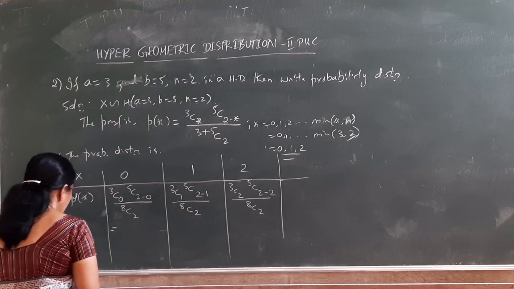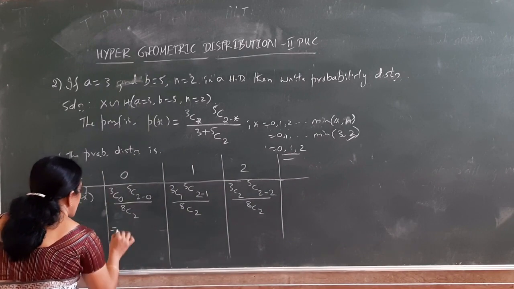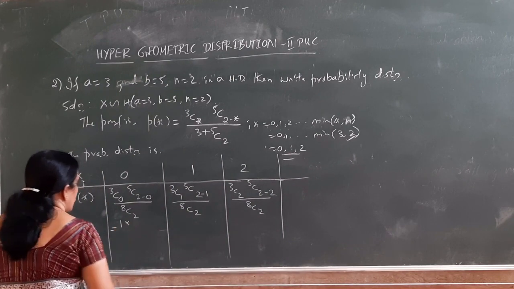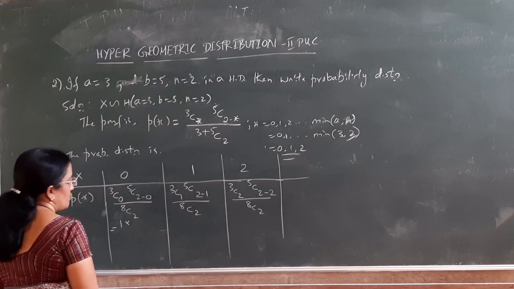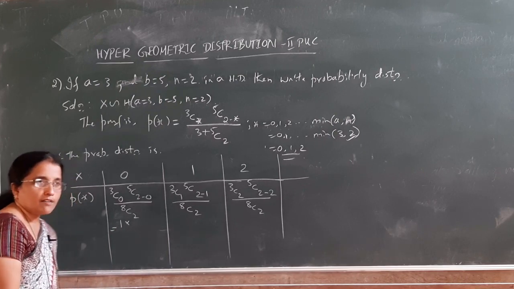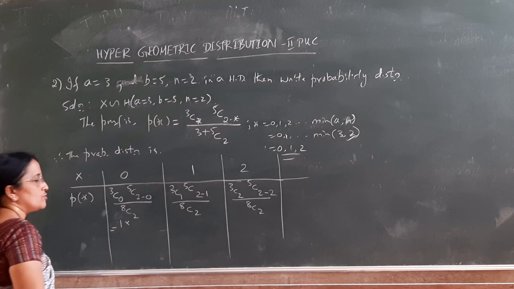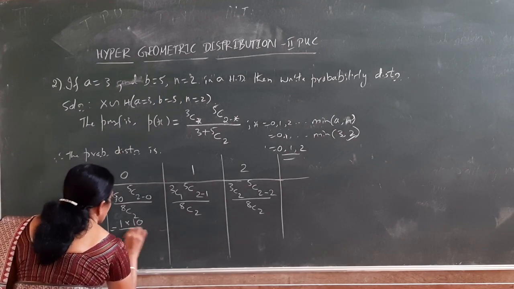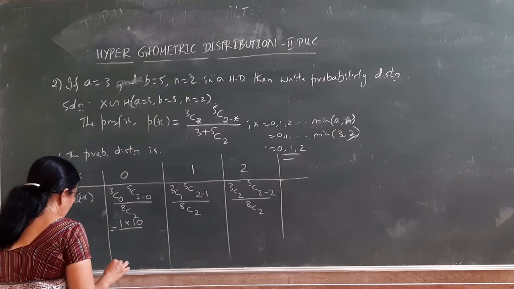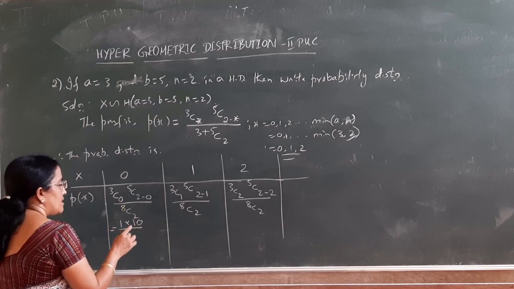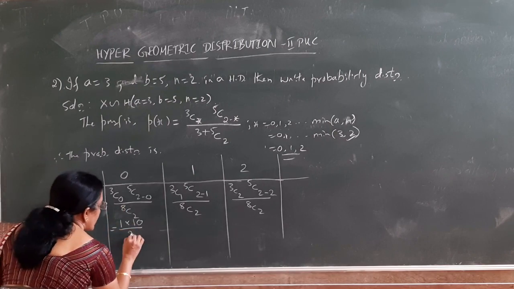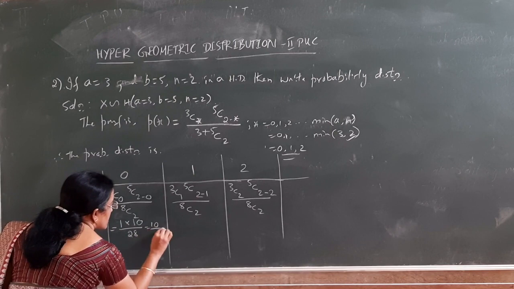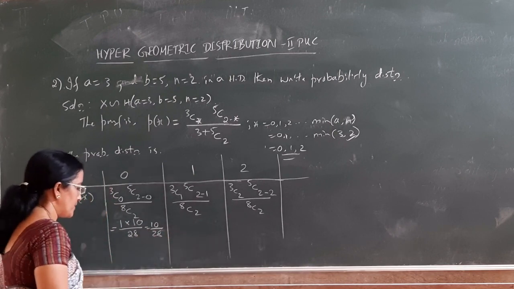Now let us do this problem. 3C0 simplification 1. Next 5C2, that is 5 into 4 divided by 2 into 1, so 10, divided by 8C2, that is 8 into 7 divided by 2 into 1, so 28. The answer is 10 by 28.